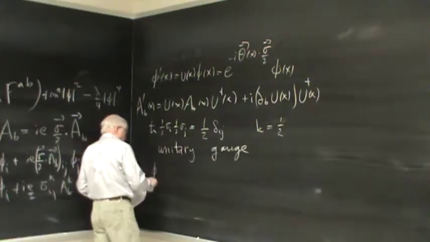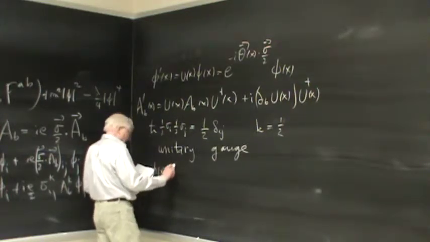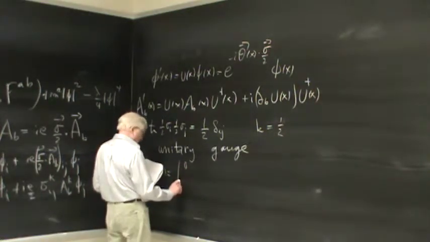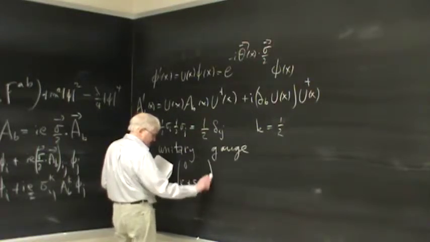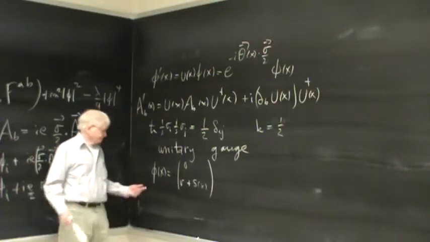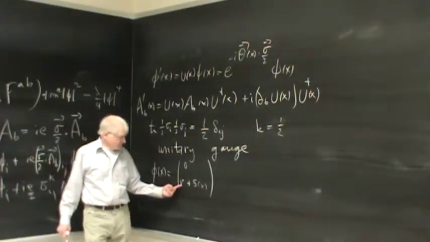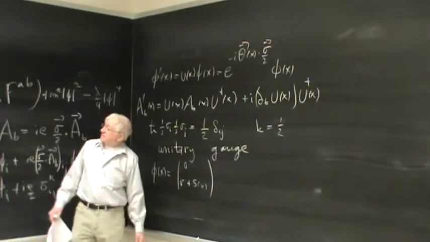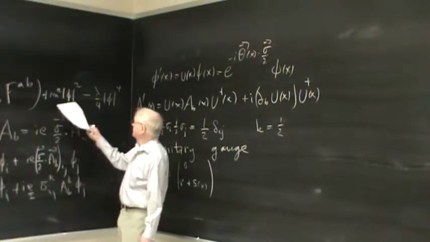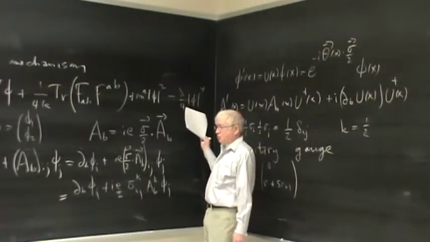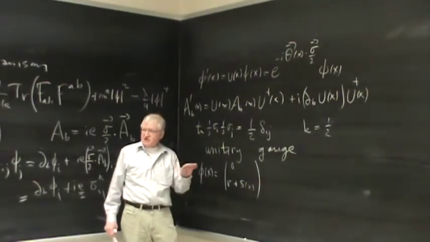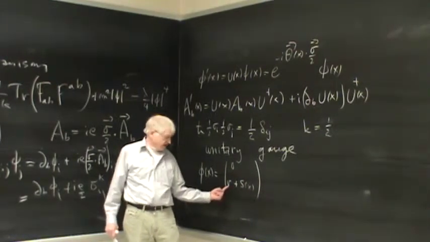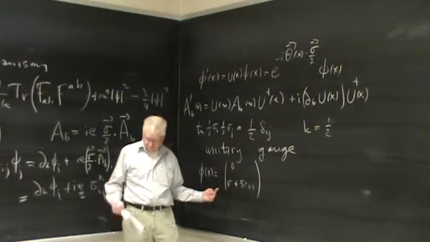Okay, in unitary gauge, this phi of x is going to be (0, v plus s of x), where v is some constant that will minimize the Higgs potential, and s will be the radial vibrations about v.